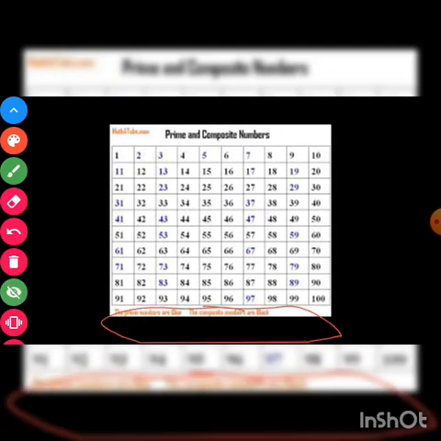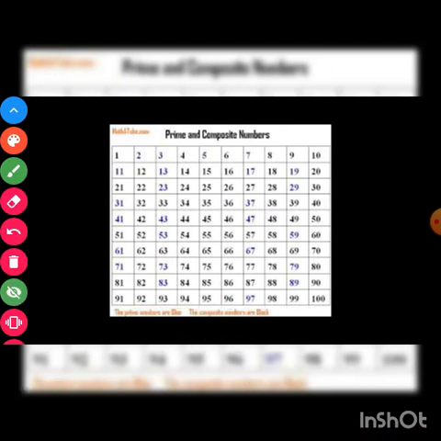Now some more examples. This is a grid of numbers where the numbers are written from 1 to 100. As you know, 1 is neither prime nor composite. Now if you talk about 2, it has only two factors, so it is a prime number.